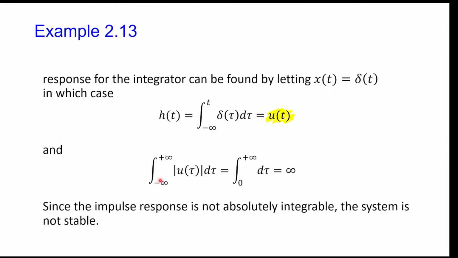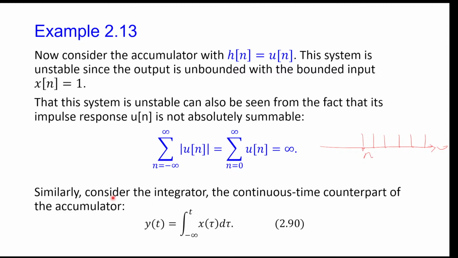Okay, and so anyway, the response is u of t, and once again you try to integrate u of t from minus infinity to plus infinity, then you find out that you are integrating 1 from 0 to infinity, and that's infinity. So you check it two ways, it's unstable.